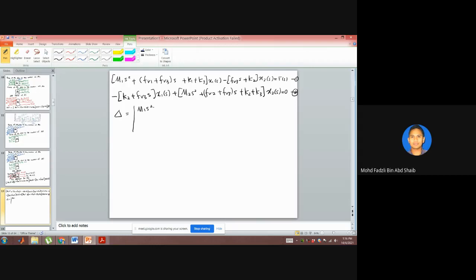M1 S squared plus FV1 plus FV3 S plus K1 plus K3, right?